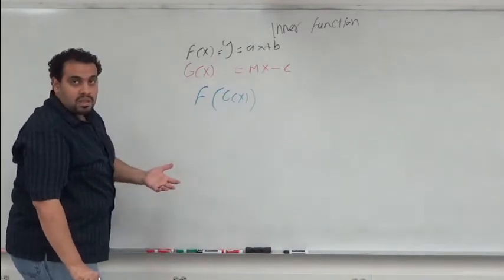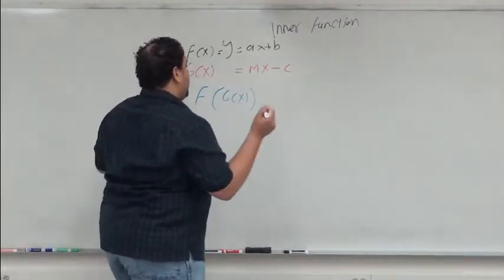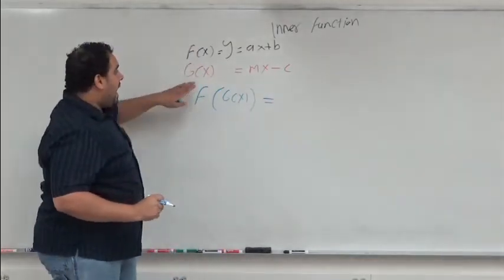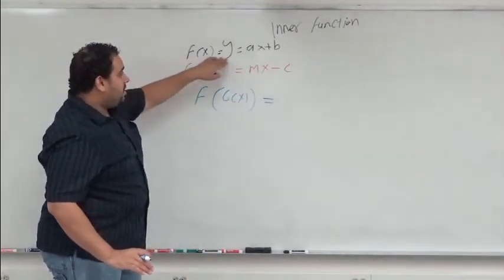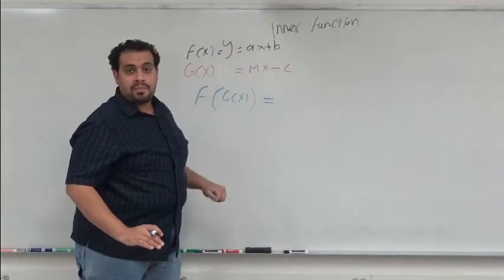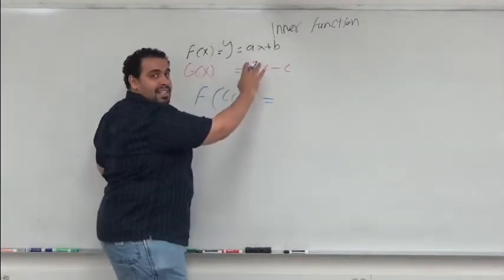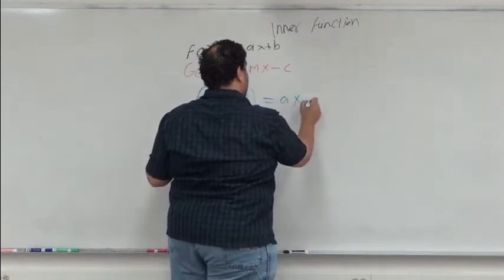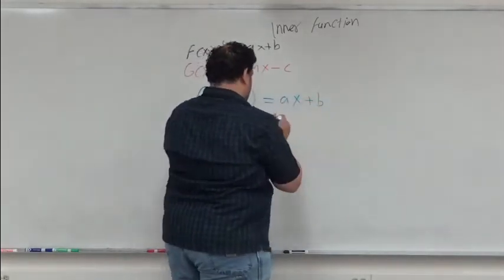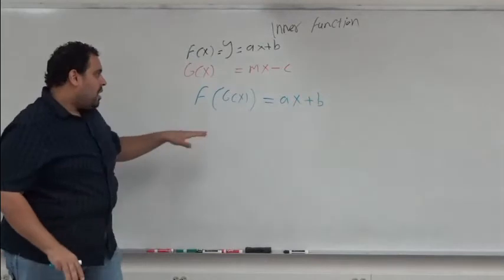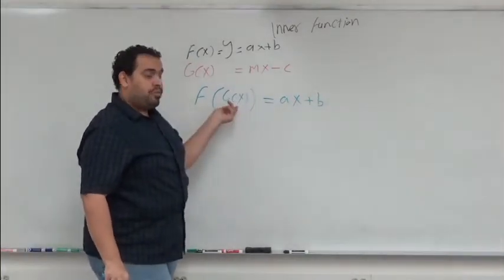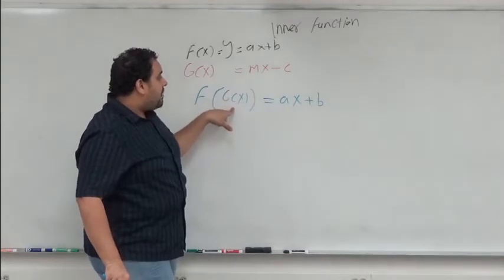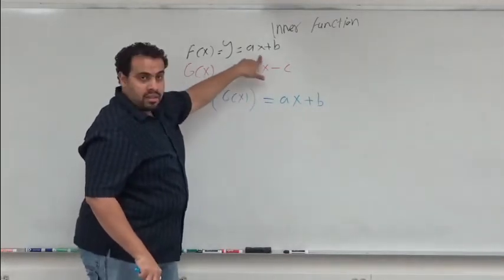So how does this look in theory? I have that f of x equals ax plus b, so just write it as it is. Then we have g of x, the second function, and this second function will go inside the first one.